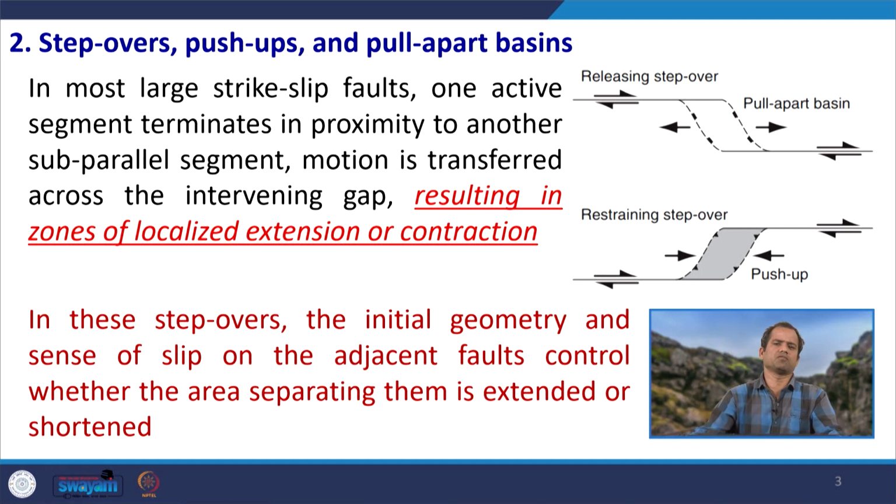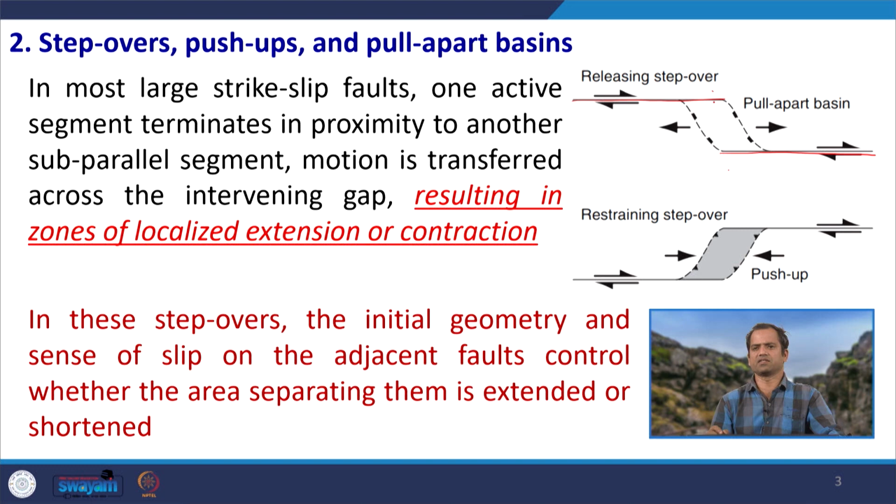Then a few terminologies associated with transform faults: stepover, push-ups and pull-apart basin. What is a stepover? Imagine we have a transform fault here, and in continuation of that transform fault we introduce another one, but both are not joined together.